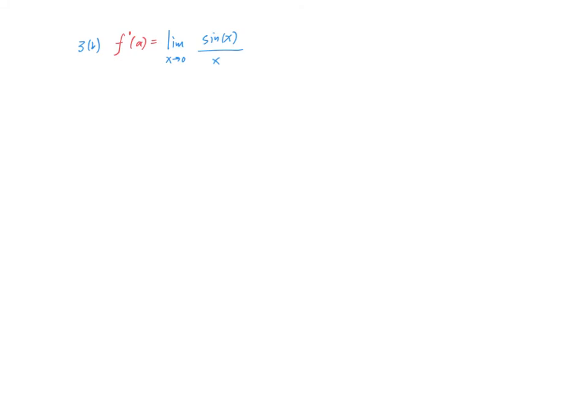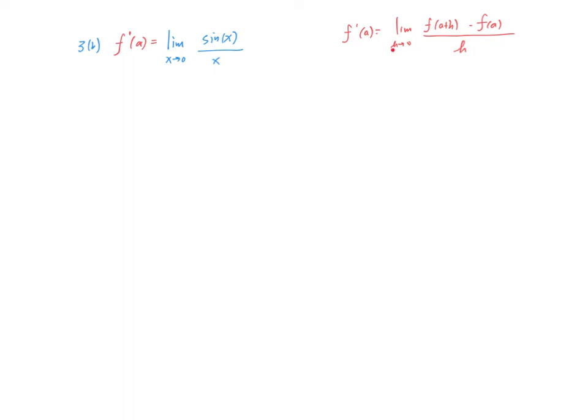So typically we think of f prime of a to be the limit as h approaches 0 of the quantity f of a plus h minus f of a, all divided by h. And when it comes to evaluating limits, it's irrelevant which variable, letter, symbol we use, as long as we have consistency.